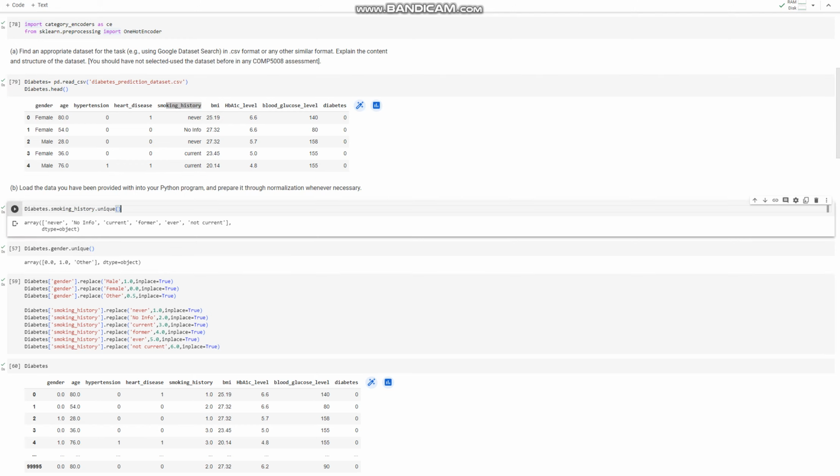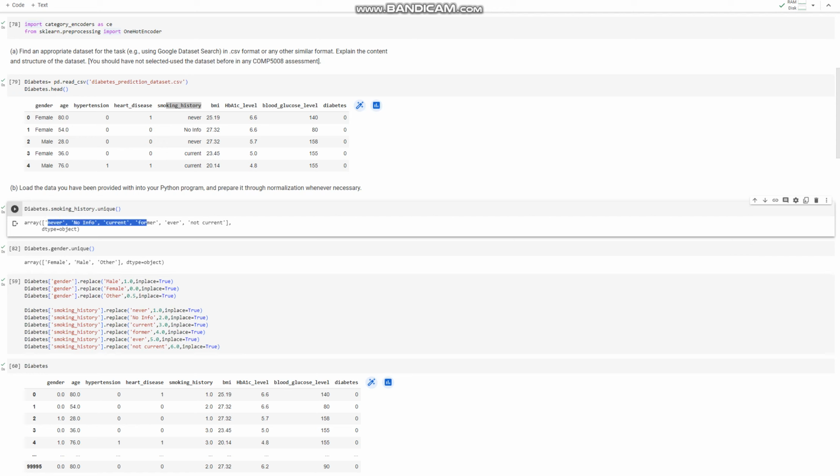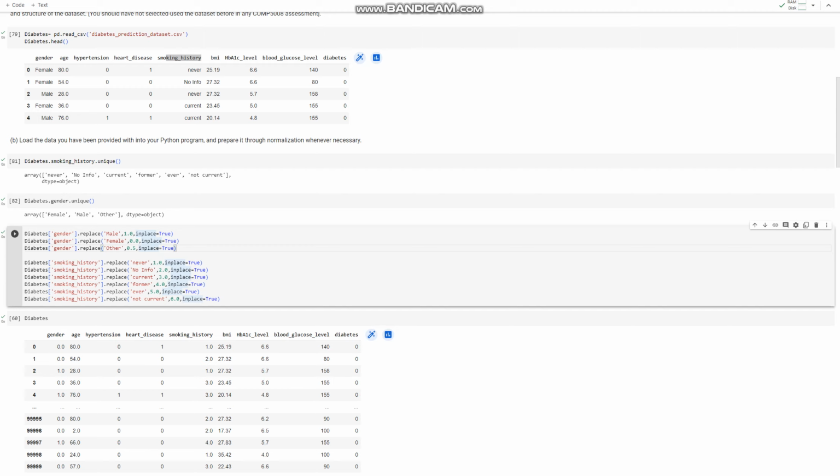So what I did was look at all the unique values in both columns. I found out that there's 6 unique values for smoking history and 3 unique values for gender. So what I did was replace all those unique values with floats.